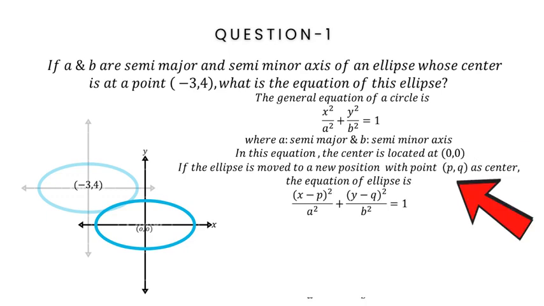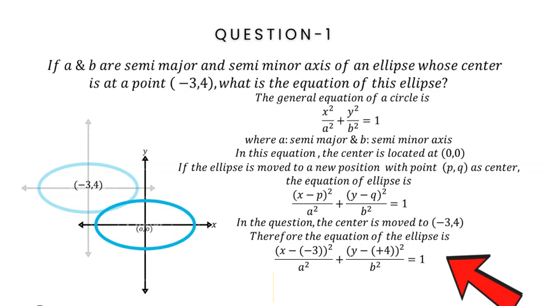If the ellipse is moved to a new position with point (p, q) as center, the equation of the ellipse gets modified as (x minus p) whole squared by a squared plus (y minus q) whole squared by b squared equals 1. In the question, the center is moved to (-3, 4).